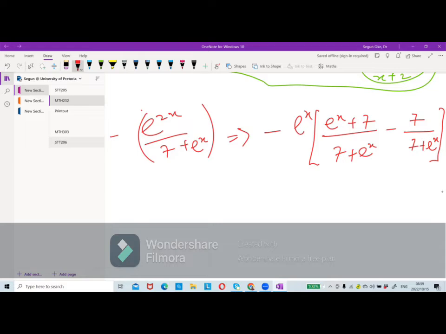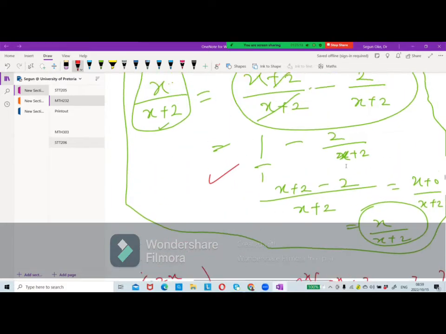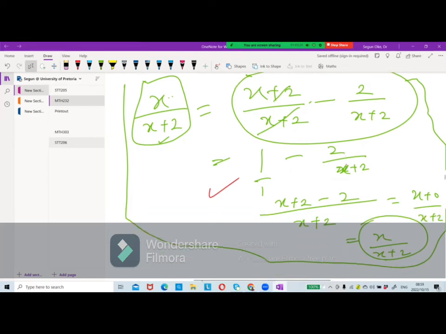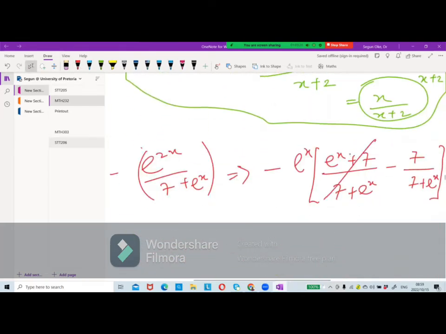So I'm still looking at it. Now, go to the method I used. This particular one also will cancel it. You get it? Then we have minus exponential x, 1 minus 7 over 7 plus e^x.